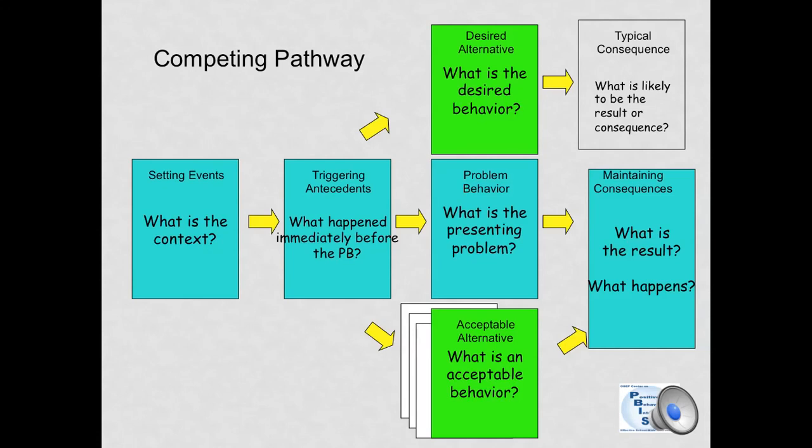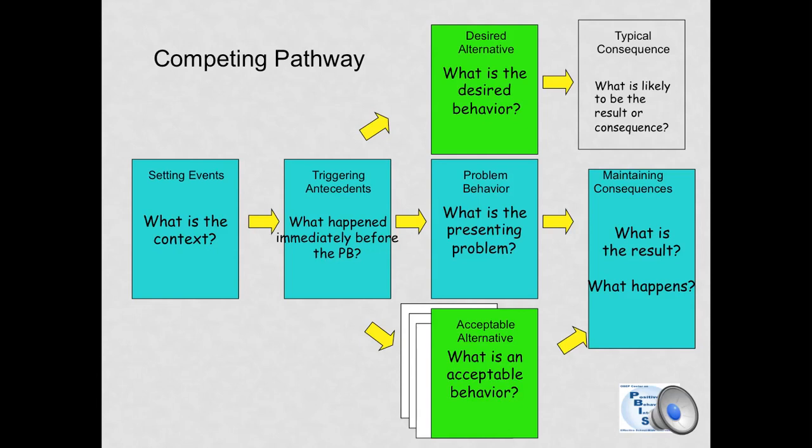This is the competing pathway. The competing pathway helps us to define the replacement behavior or the acceptable behavior that we want to work on. If we look at the green boxes, the desired behavior is the alternative behavior. It's the one that ultimately we want as a goal.